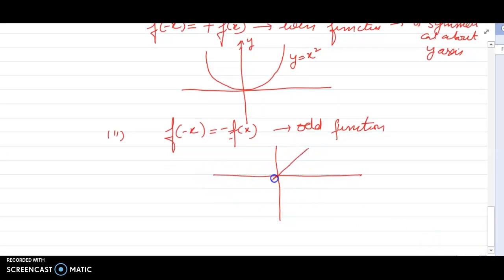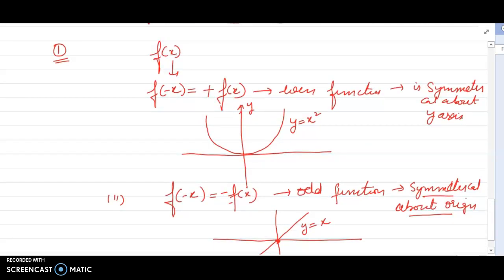You can plot the example graph of y is equal to x. This is your odd function. Odd function is symmetrical about origin and even function is symmetrical about y-axis.